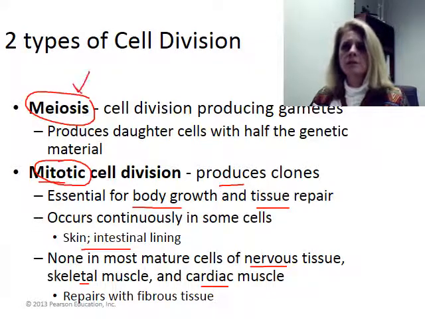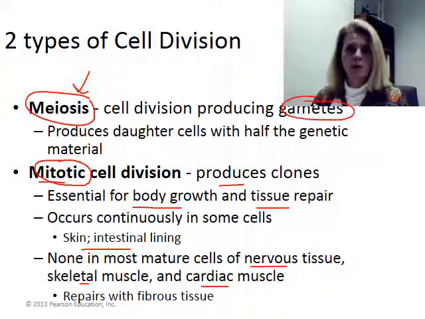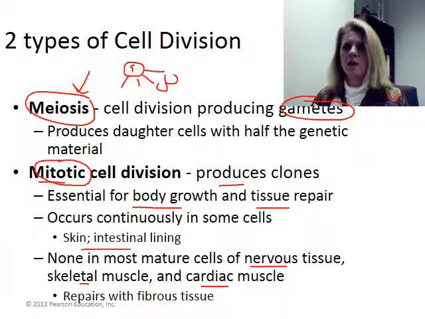Now, meiosis is different. This occurs in the reproductive organs, in the ovaries of the female and the testes of the male. And this is how you make the gametes, or sperm and egg. And so meiosis is a little different. You do copy your DNA, but when you copy the DNA, okay, it's going to eventually divide and produce actually four cells, four daughter cells.